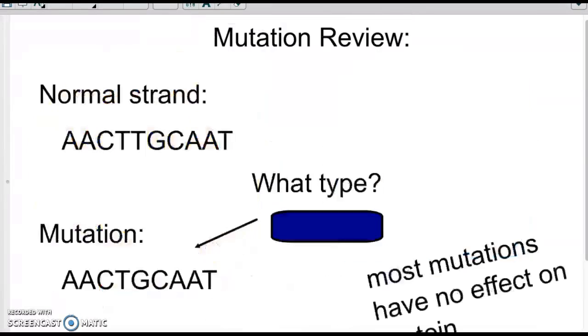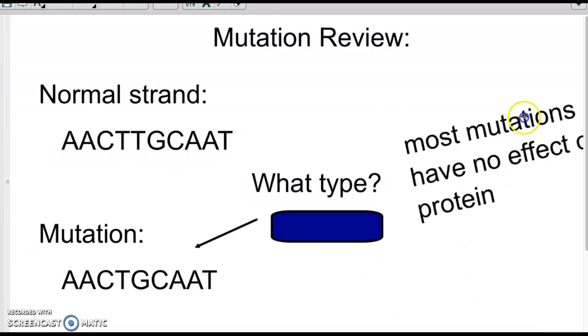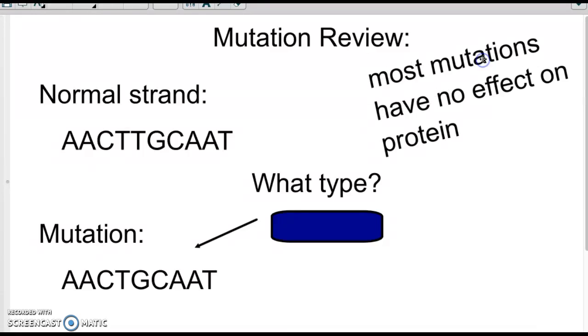This would be how you would practice using the genetic code and finding out what amino acids go with it. The last part of learning was talking about mutations. Sometimes when we take DNA and we transcribe it into mRNA, we can make a mistake, and mRNA could be transcribed not right. But I want you guys to know that most mutations have little or no effect on the protein.